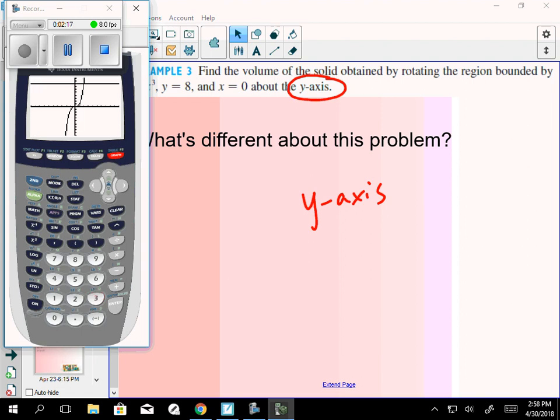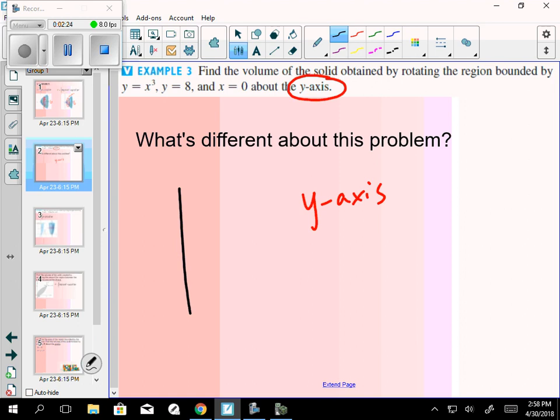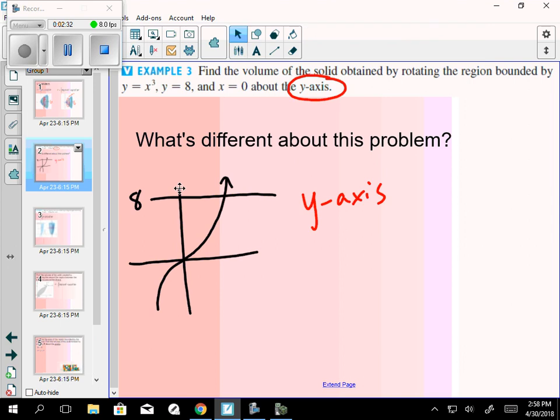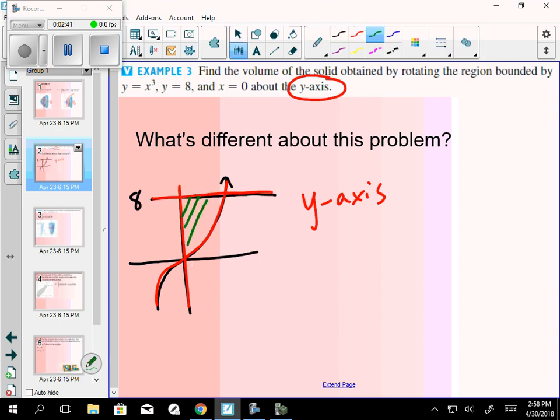So this is the region here with the y-axis being part of it. So we get something like this. Here's y equals 8. And we're also using the y-axis too. So we got this, this, and this. So the space in between that we're looking at is right here.